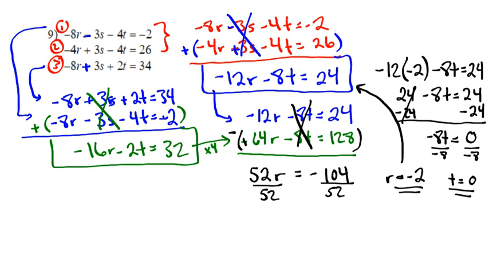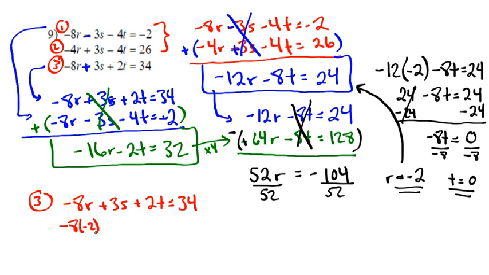So now I've got two of my variables. For the last step, we will take one of the equations, and I'm just going to use equation 3. This is the last step. -8r plus 3s. I started out with an equation that had 3 unknowns.